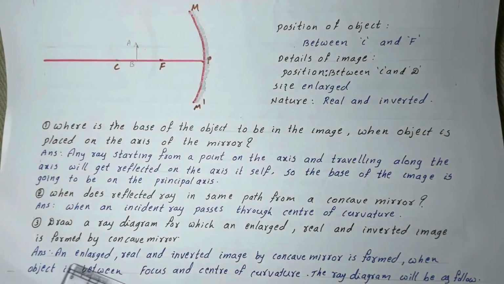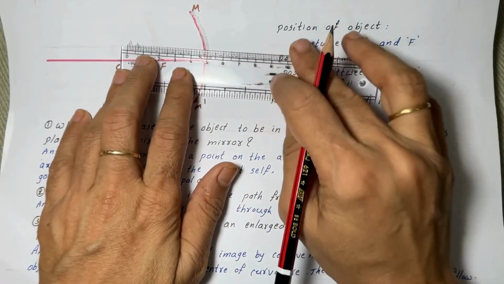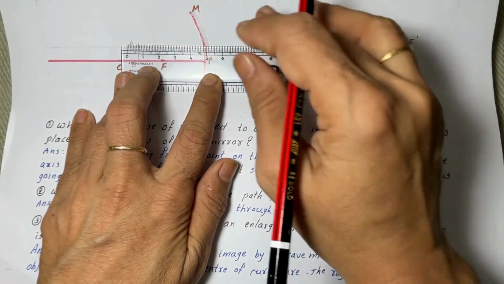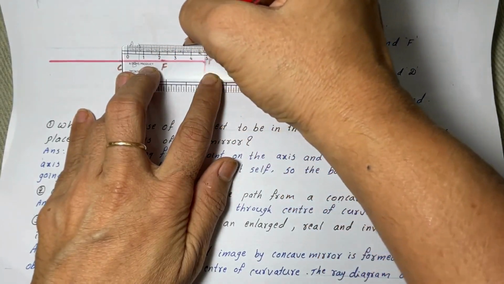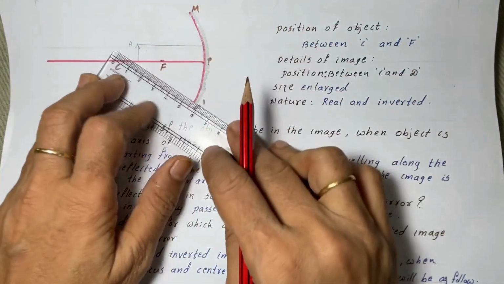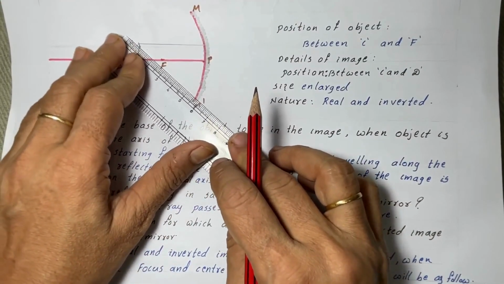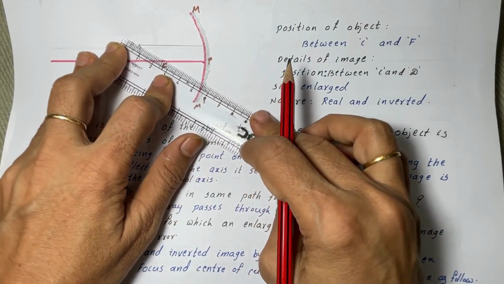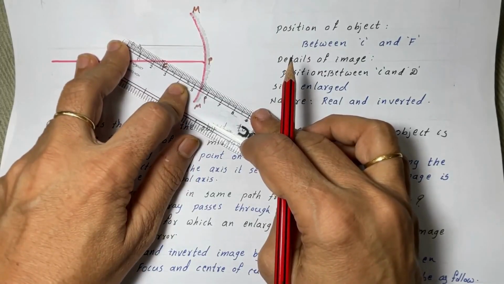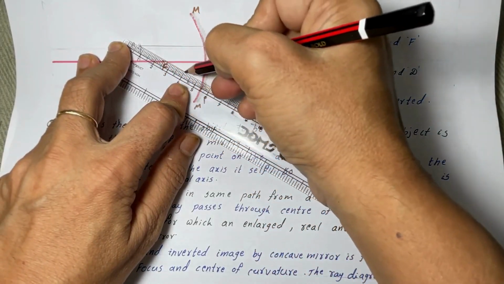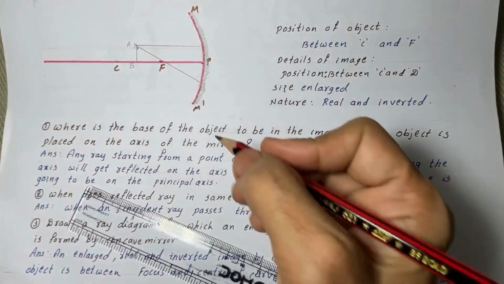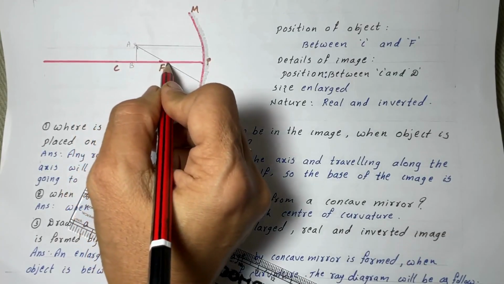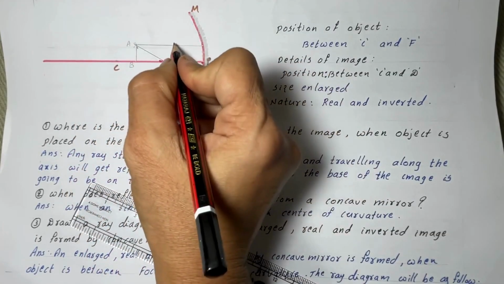And now from point A draw two incident rays which are directed in two different directions as usual. One is parallel to the principal axis, and another ray is passing through the focus, and one ray from the bottom of the object passes through the principal axis.